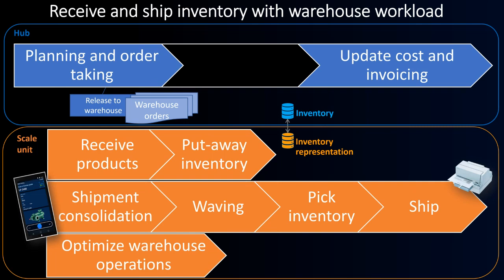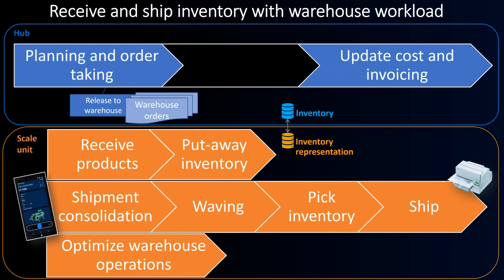These orders would then be released to the warehouse, which creates a new document type within Dynamics 365 Supply Chain Management called warehouse orders. And these are what gets synchronized over to the scale units for transactions to essentially transact against on these scale units and then synchronize back up to the hub when completed.